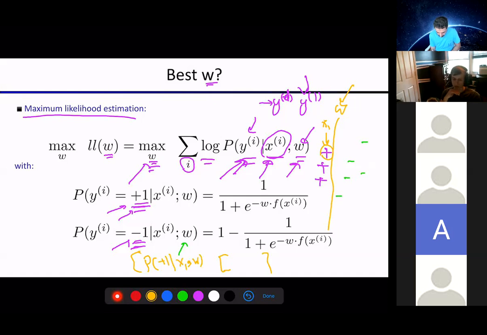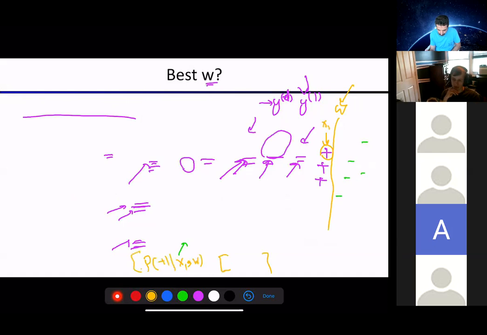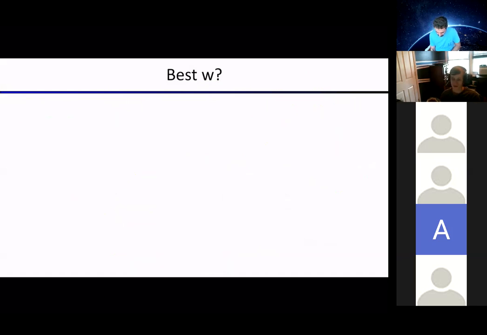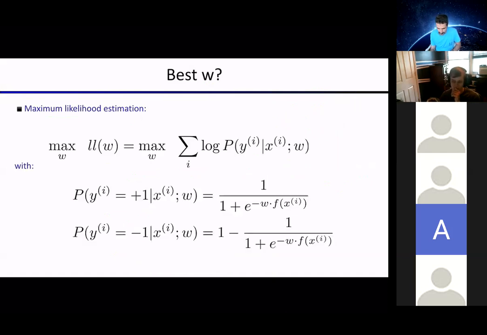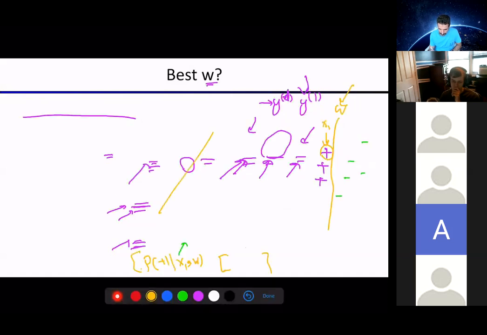So you have the probability of +1 given X1 and W, where W is the current weight.